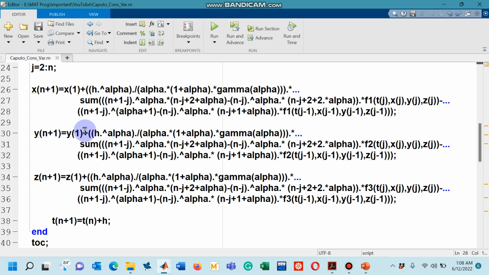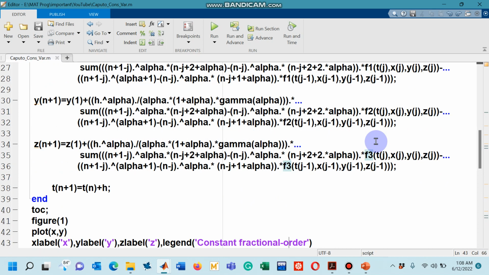After that, for the y variable and z variable, you merely have to repeat the equation for the first dependent variable while taking care of the notation. x of 1 has to be used here, y of 1 will be used here, and z of 1 for our third dependent variable, including f1 notation for the first equation, f2 for the second equation, and f3 for the third equation.